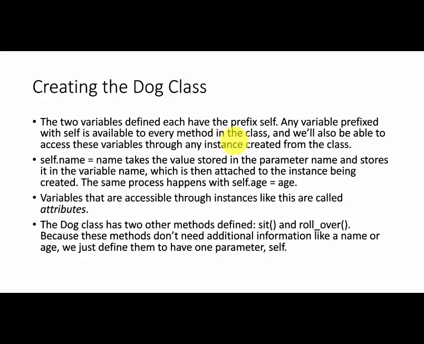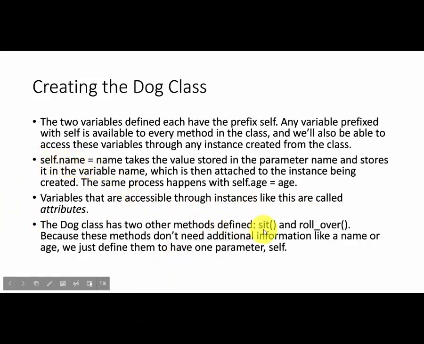If you create self.name, then this name attribute can be accessed throughout the class. Variables that are accessible through instances like this are called attributes.